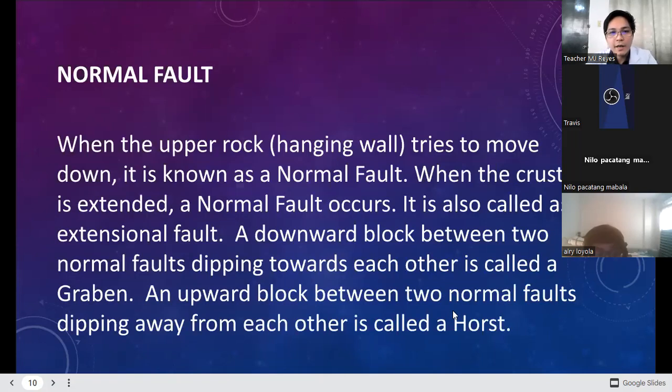Okay, again, when the upper rock or the hanging wall tries to move down, it is called the normal fault. Again, if the hanging wall moves down, it is the normal fault. But when the hanging wall tries to move up, it is called the reverse fault.